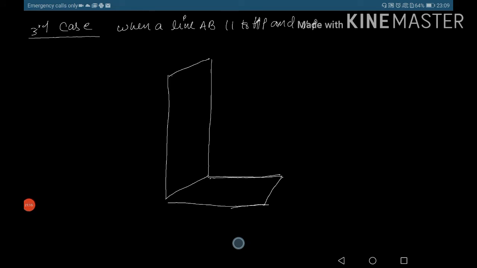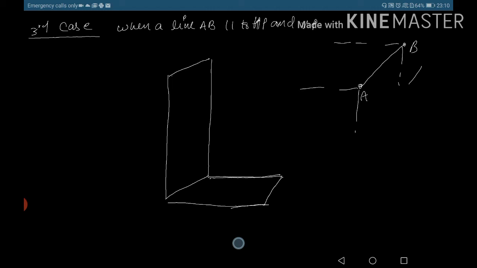Okay, third case is when a line is parallel to both HP and VP. Okay, means you have to place your line like that, its two distances: this distance from HP, this distance from VP, this distance from HP, this distance from VP.